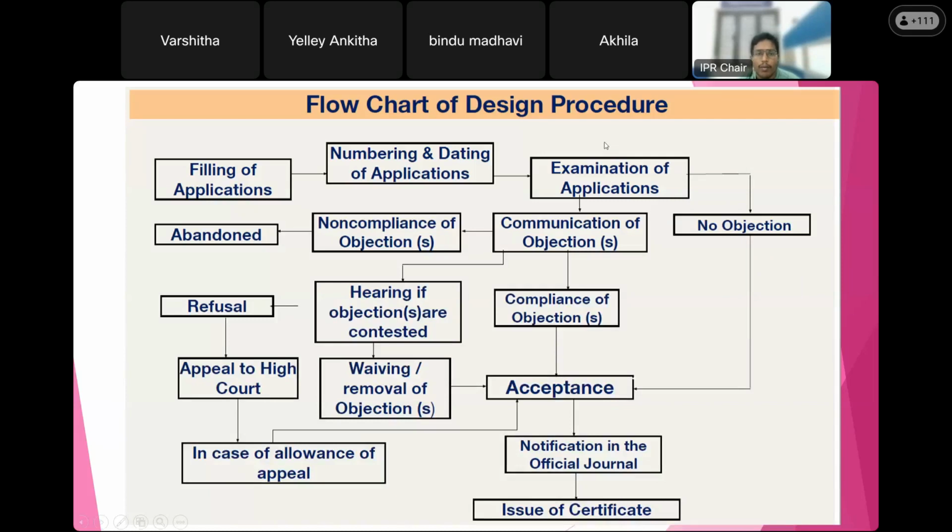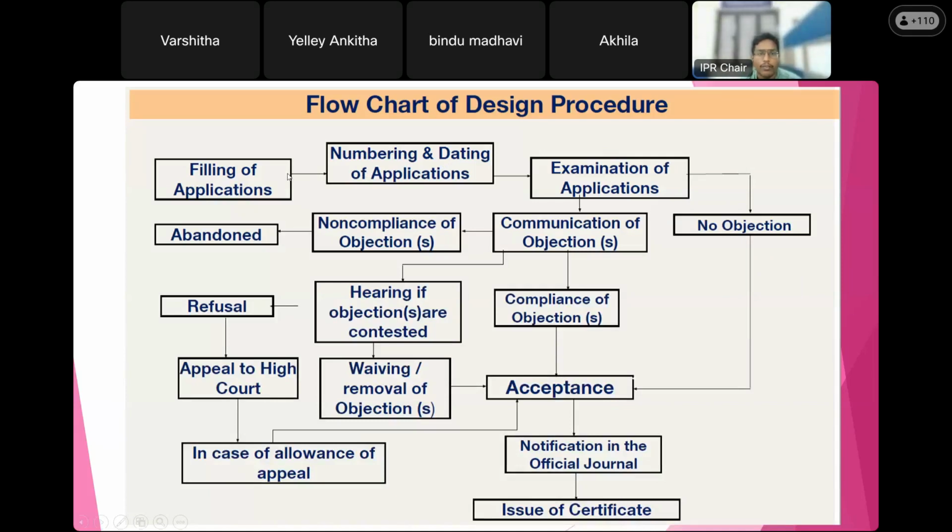Once you have come up with a design which is novel, original and distinctive, then you can directly file a design application.